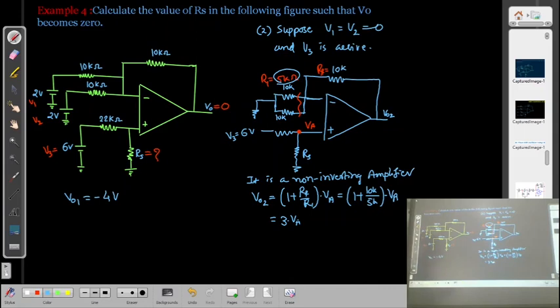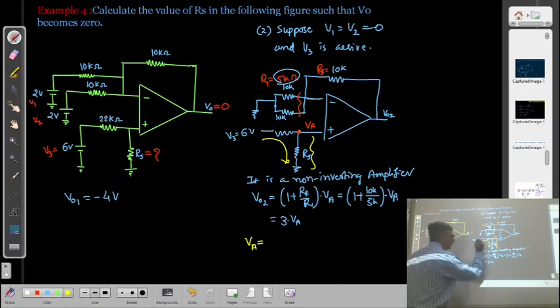Correct? Now what is VA? So the potential across the RS here, and again you can apply the potential divider rule. So we can write VA is equal to my total input voltage, that is V3, into RS, because we are taking the voltage across this, and this resistance is 22K, correct?